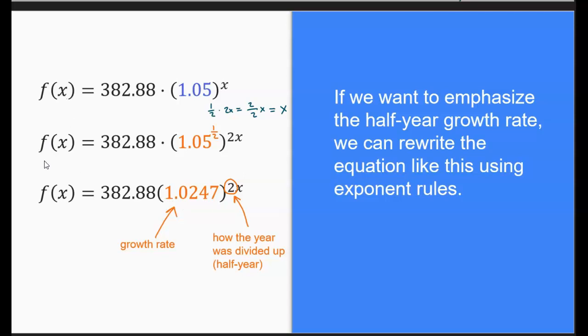And these are, again, equivalent equations, but this one emphasizes now the half-year interest rate instead of the full-year interest rate. There's an implied 1 here that tells us one year. This tells us we're dividing the year in 2. So this is the interest rate we would get over half a year.